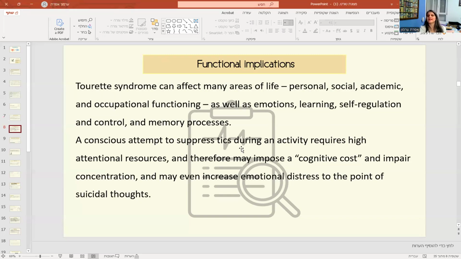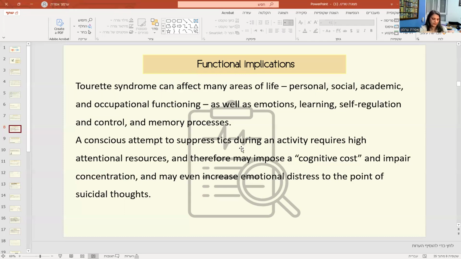Even if they can limit the tics, it's, as I said, for a limited time, and it takes from them a lot of cognitive resources.